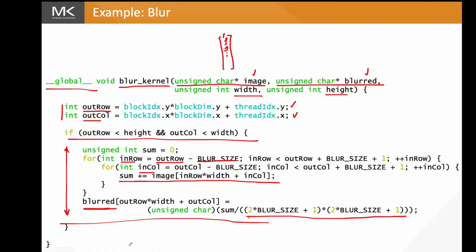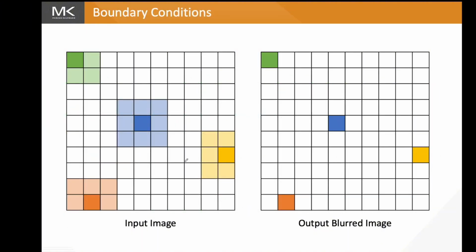Okay, so this is the blur kernel, but we still need to check something. Apart from the boundary condition that I told you, we also need another kind of boundary condition for this particular example. For example, if you are processing this pixel, when it comes to the input image, you want to take the average of the surrounding pixels, which also contains the pixels that I'm drawing here. But these pixels are not available, right?